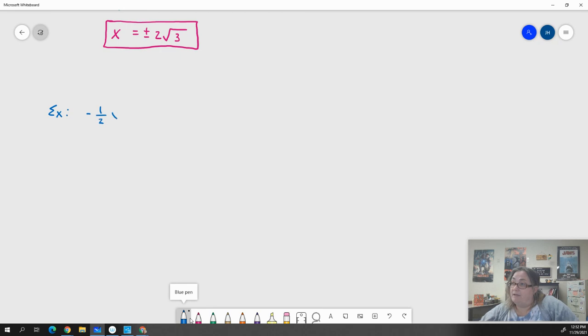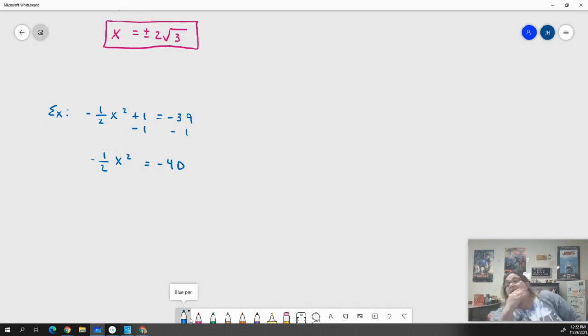So we've got negative 1/2 x squared plus 1 equals negative 39. Right? So the first thing we're going to do is we're going to subtract 1 from both sides, and we get negative 1/2 x squared equals negative 40.